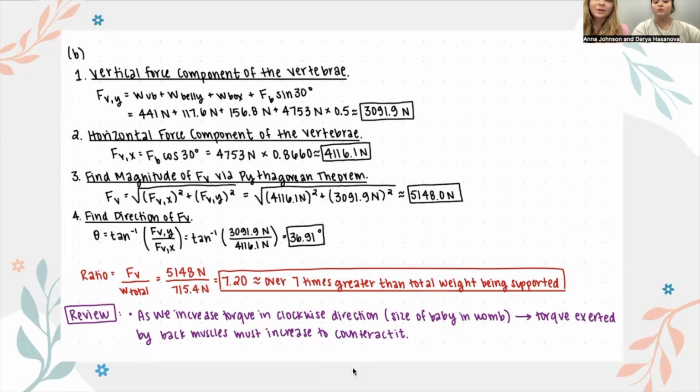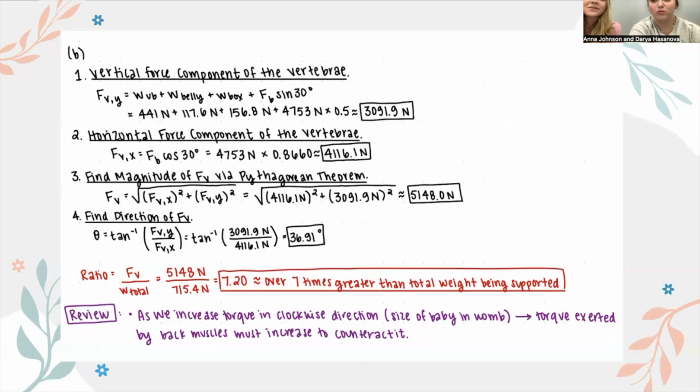And then in part B or part two, we are finding the force that her vertebrae exert on the spine at the pivot point. So we started with finding the vertical force component of the vertebrae. We applied Newton's second law here, where the net force was 0, but we rearranged it to look like this.